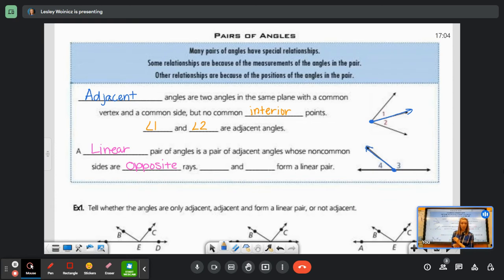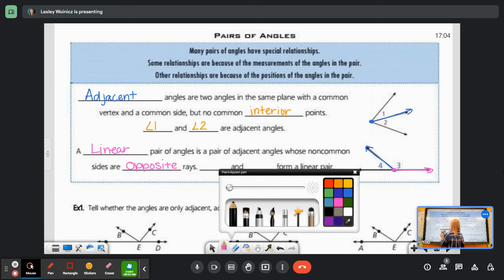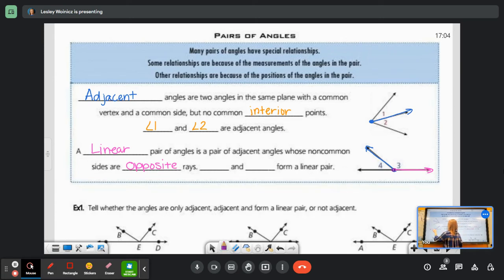That's what makes them adjacent. Their non-common sides are these opposite rays. We call them a linear pair because those non-common sides, the opposite rays, form a line. So angle 3 and angle 4 form a linear pair.